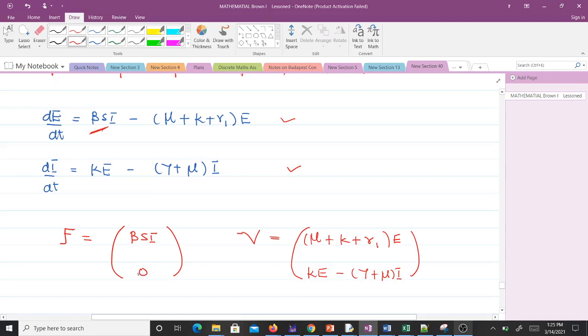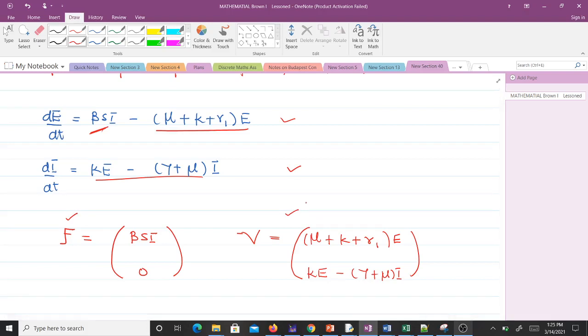So that means the component there is 0. Right? So after that, everything left goes into our Greek V, everything here goes into our Greek V. So that's how we get our Greek F and our Greek V.